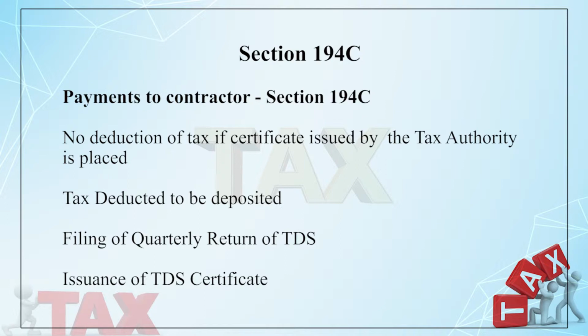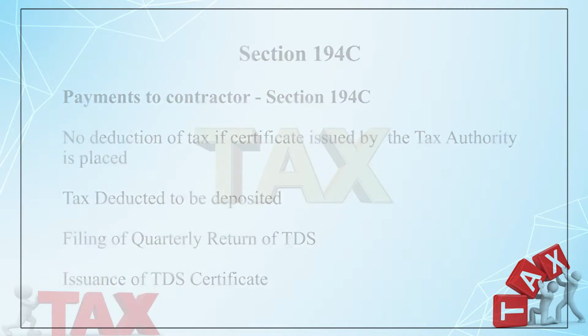The moment we deduct, it becomes the responsibility of the deductor to deduct taxes. Two immediate responsibilities come out. Responsibility number one, deposit the amount during the next month, by the 7th of the next month. And responsibility number two, upload a quarterly return, April, May, June, to the government of India.